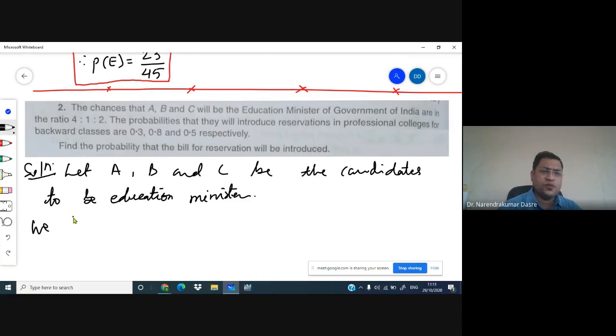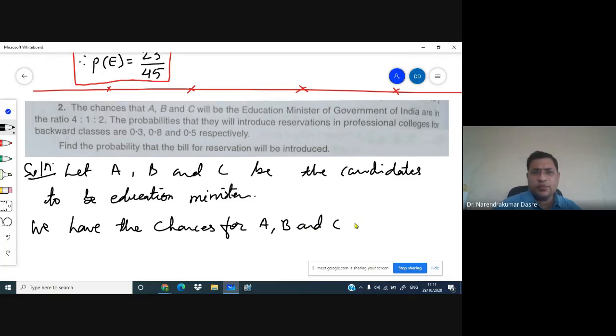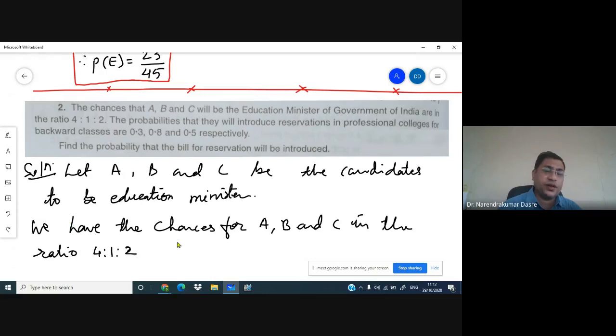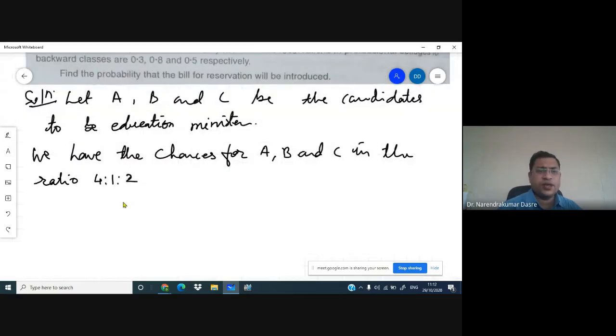We have the chances of A, B, and C in the ratio 4 to 1 to 2. Okay, so we need to understand what is the total of all these ratios. See, the total of this ratio is going to be 7: 4, 1, and 2, total 7.